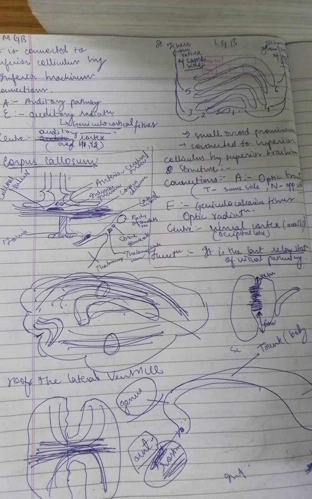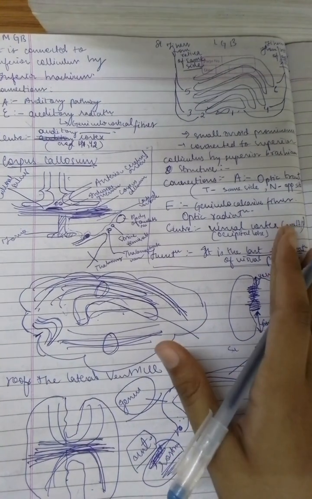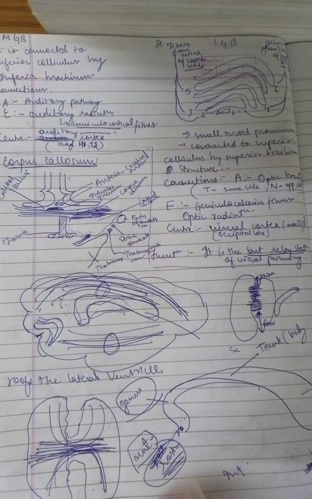And then comes the splenium. Splenium is a massive broad part lying behind, 6 centimeter in front of the occipital pole, and from here the forceps major arises, from the occipital lobe and part of the parietal lobe, as a thick bundle.